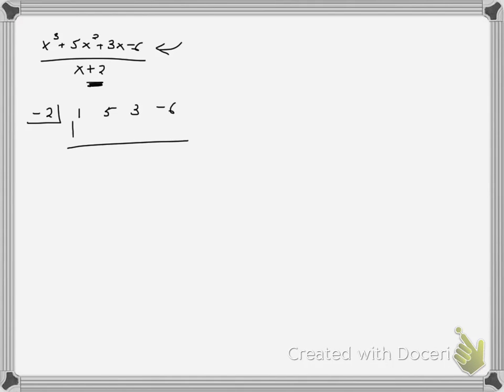Pull down, multiply back, add, multiply back, negative 2 times 3 is negative 6, add, 3 minus 6 is negative 3, multiply back, negative times negative is positive, and add. This will be my remainder, and now I started with a cube term, so this is going to be x squared plus 3x minus 3, and that's the end of that.